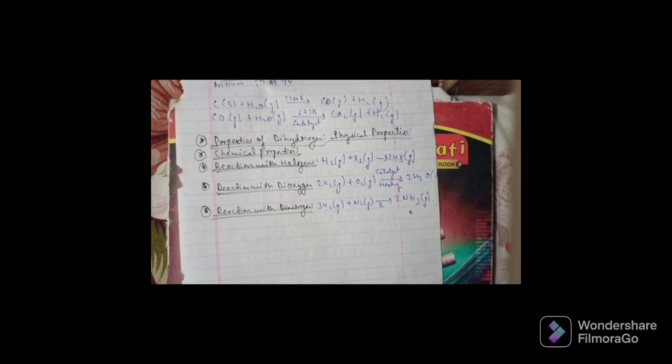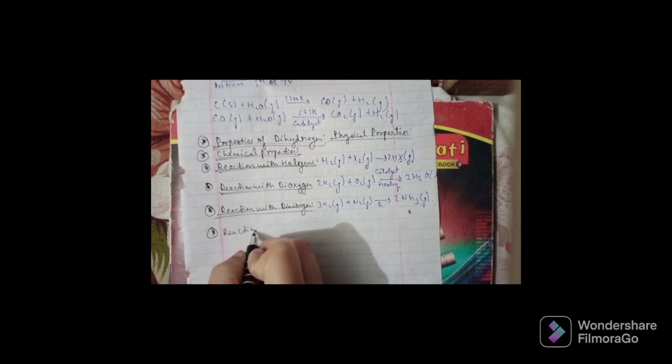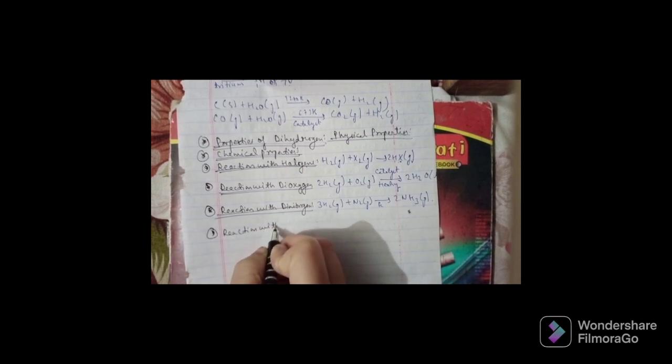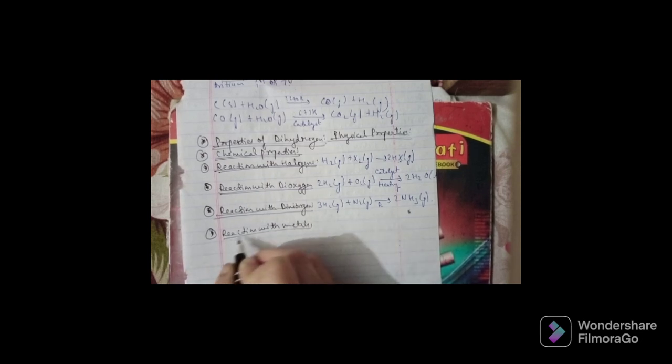Now we talk about the reaction with metals. In terms of reaction with metals, with many metals it combines at a high temperature to yield the corresponding hydrides.